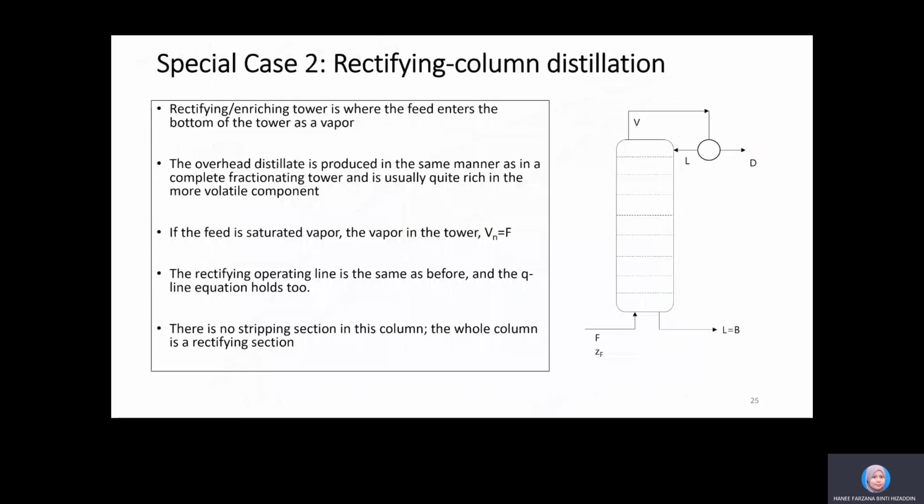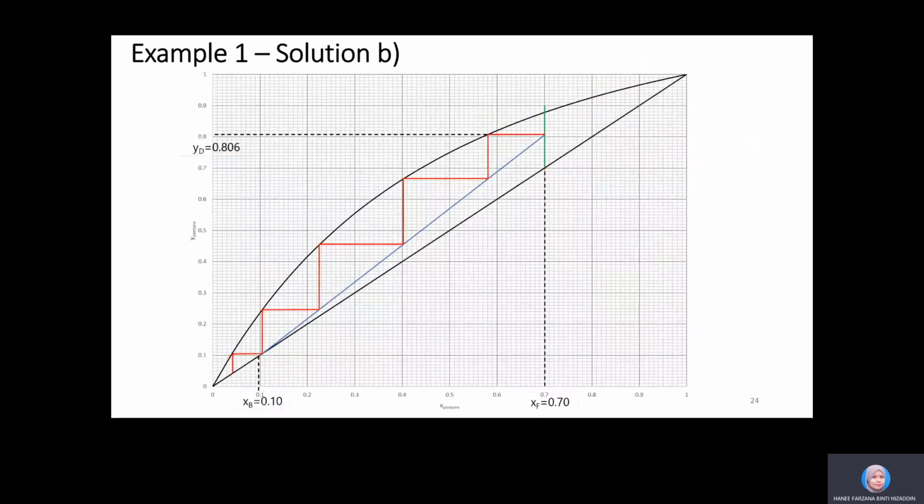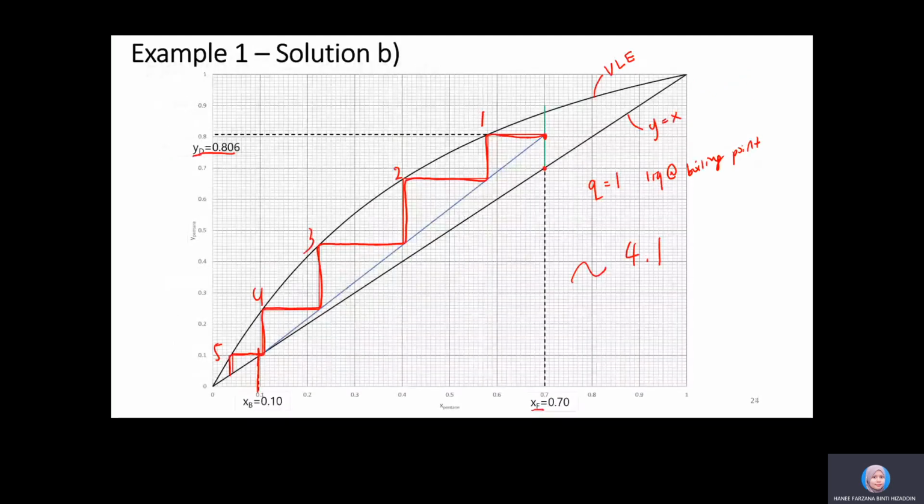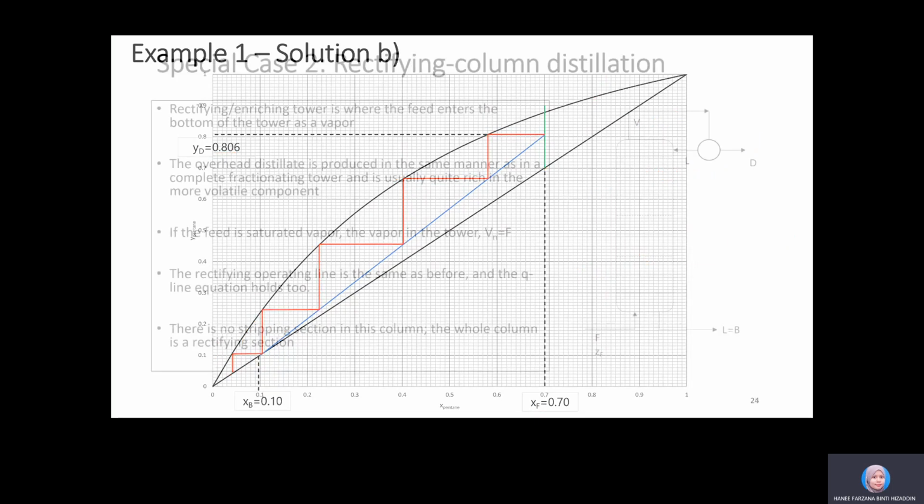Do we have a reboiler for a stripping column? Yes, we have a reboiler, so this stage includes the reboiler. This final stage here is the reboiler stage. So that's how we calculate the number of stages for a stripping column.